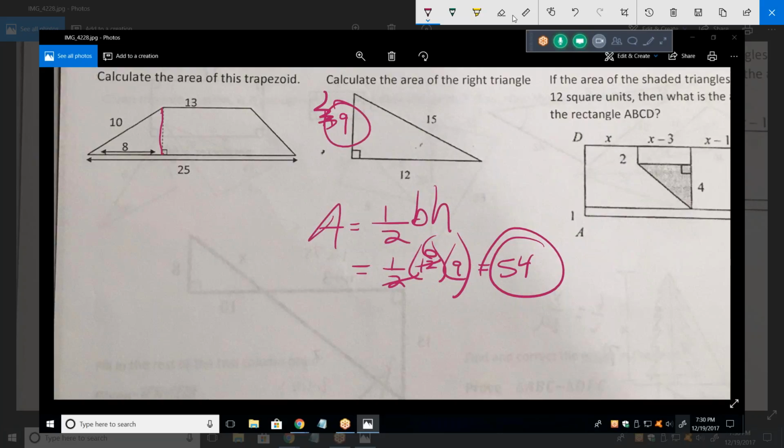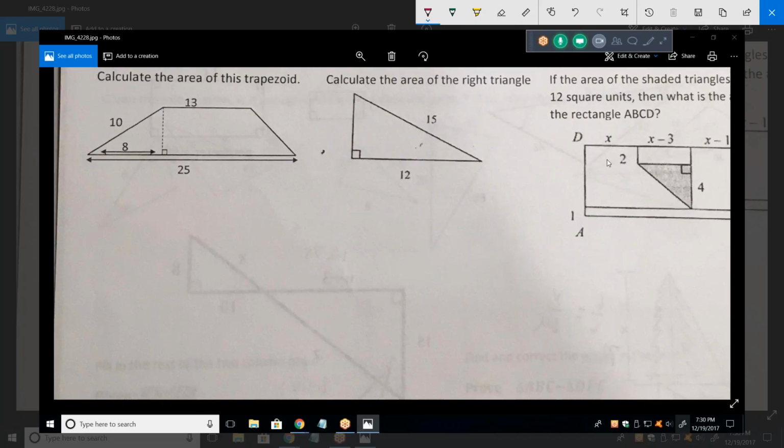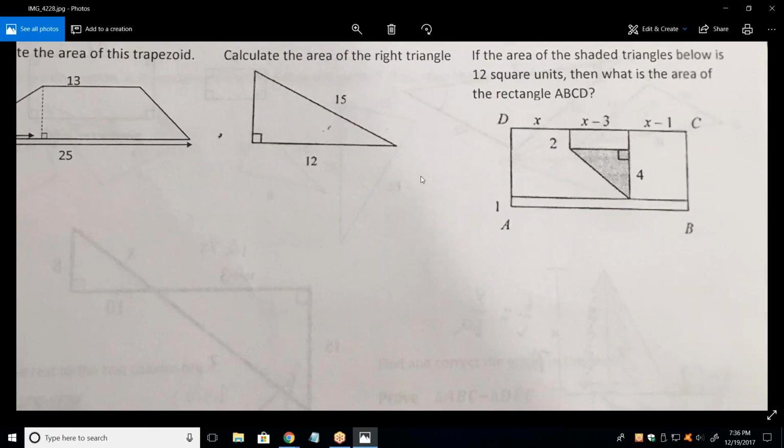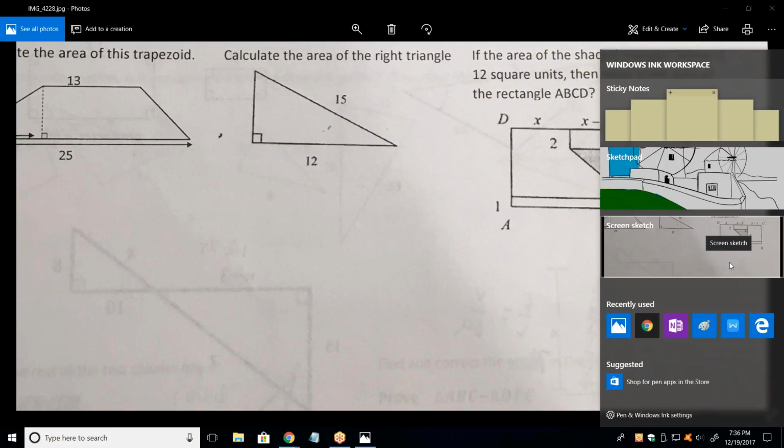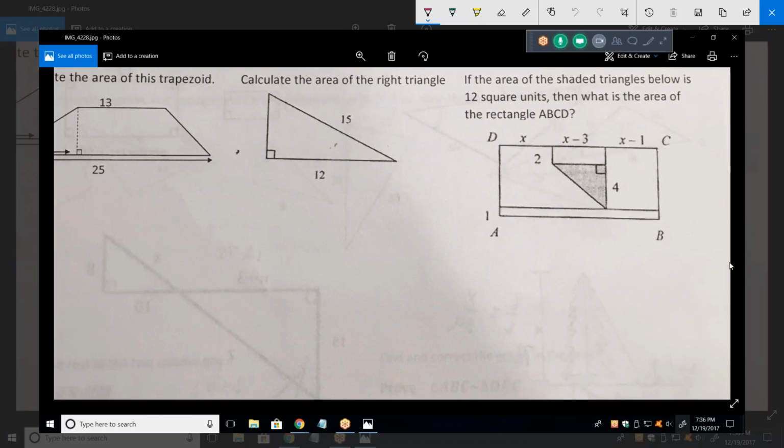But we'll worry about that when we get there, because I'm not sure how much of that you are going to have to do. So I don't want to spend what limited time we have giving you shortcuts on how to do that. Okay, so let's look at this one.